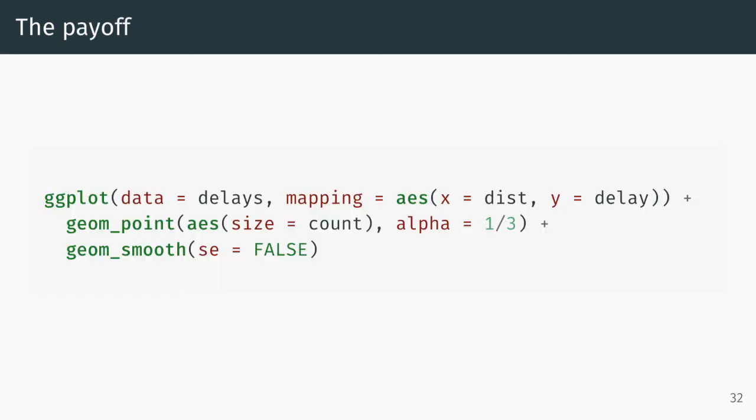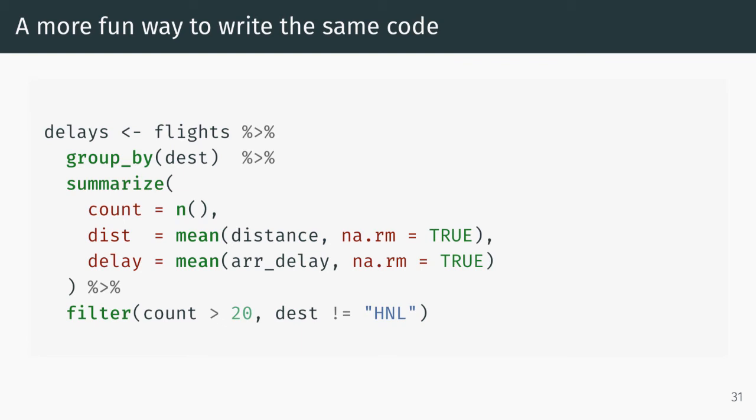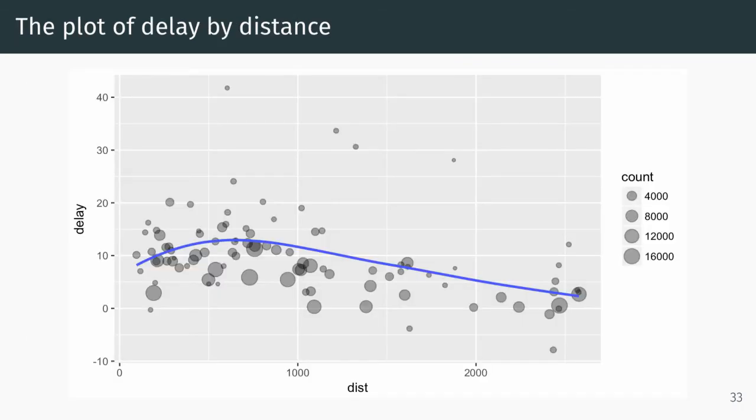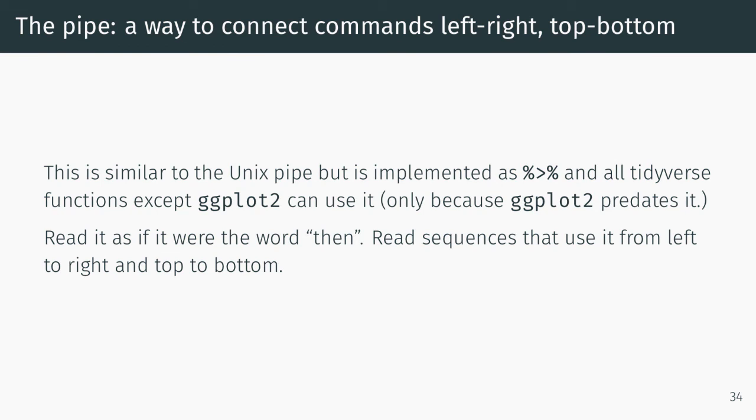I think. Let me look at that. Yes, average delay. The result tells us that long flights make up time. You can see quite clearly here that if a flight is really long, they can make up time. Most of the delay happens on the runway as planes are stacked up.